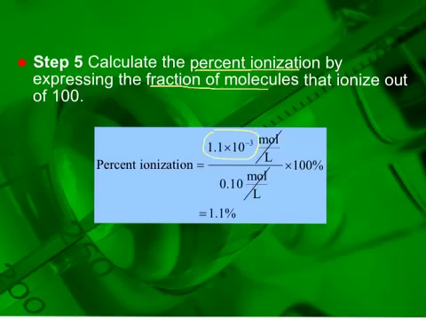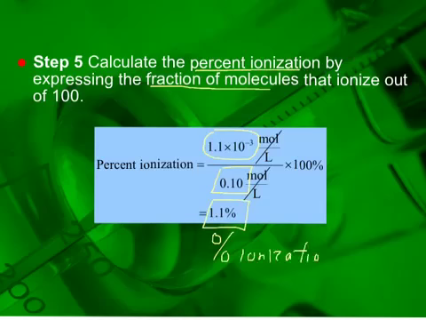However, initially we had 0.10 moles per liter of the propanoic acid. So the fraction, the percentage of propanoic acid that converted into propanoate is just 1.1%. And that value is our percent ionization of propanoic acid.